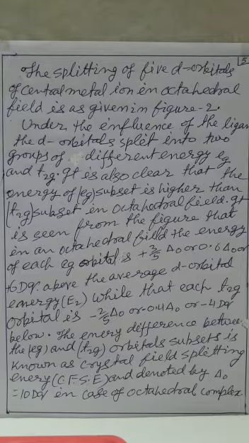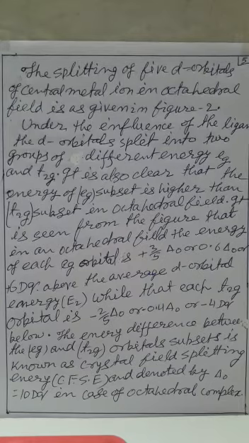The splitting of the 5 d orbitals of the central metal ion in an octahedral field is as given in figure 2. Under the influence of the ligands, the d orbitals are split into two groups of different energy, Eg and T2g. It is also clear that the energy of the Eg subset is higher than the T2g subset in an octahedral field.